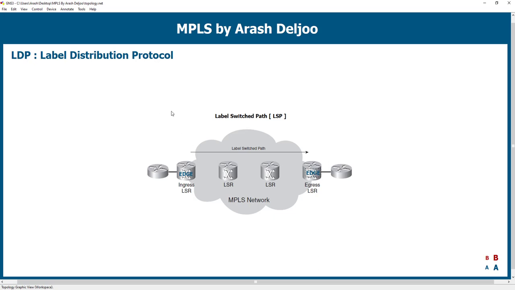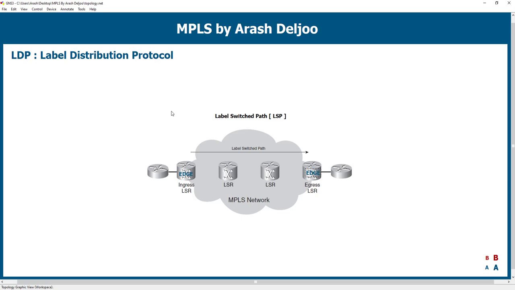But what is the LSP? A label switched path, or LSP, is a sequence of LSRs that switch a labeled packet through an MPLS network or part of an MPLS network.